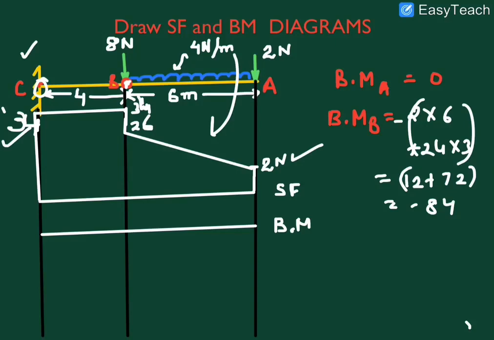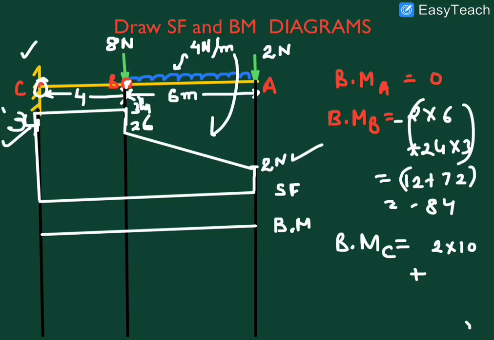When you are calculating the bending moment at point C, the whole of the figure is considered. Means we can calculate point C: this 2 Newton and this one is perpendicular distance, 2 into 10, plus this 24 acting at this point, the center. 24 is multiplied by 7, as this one is 3 and this one is 4, 24 into 7.